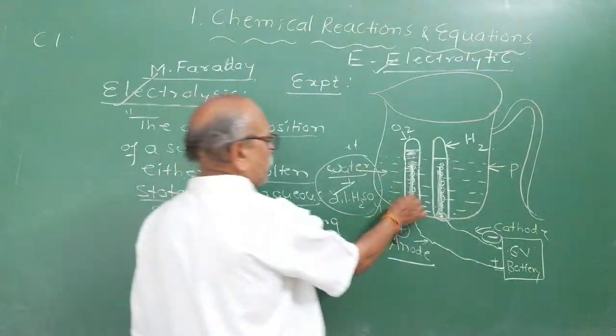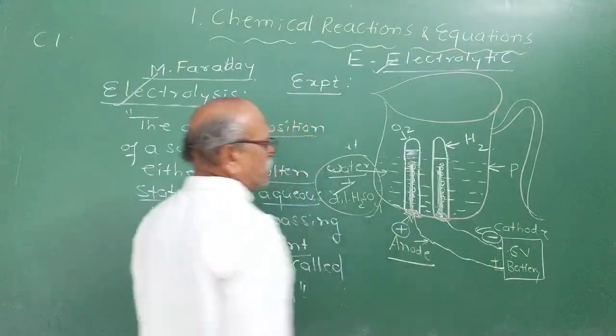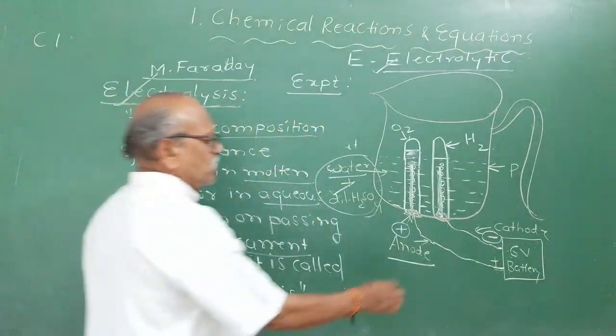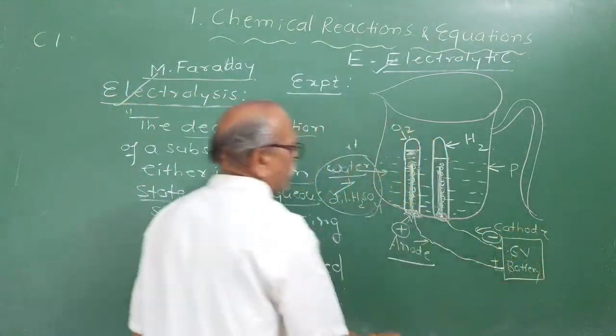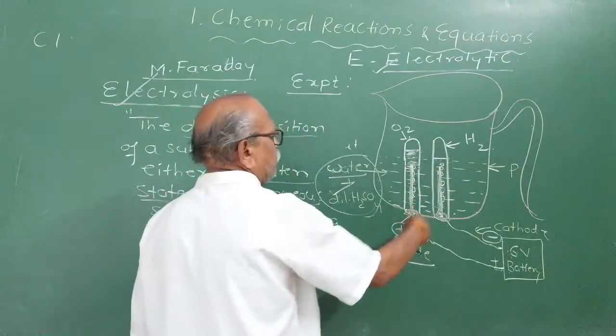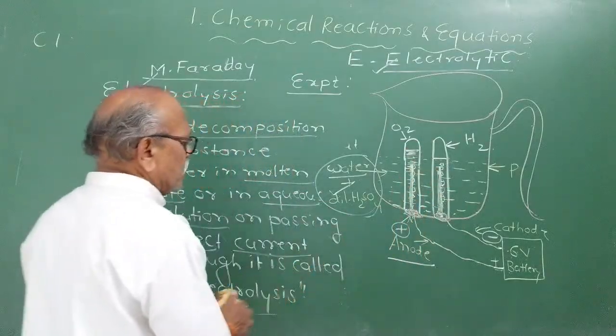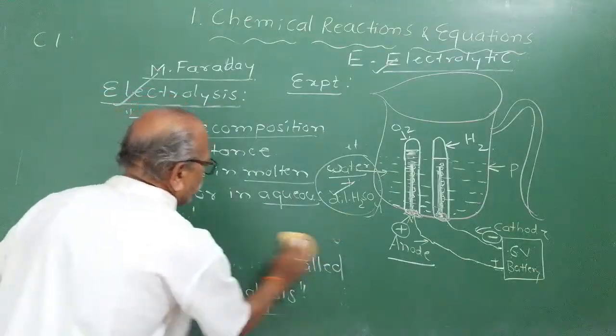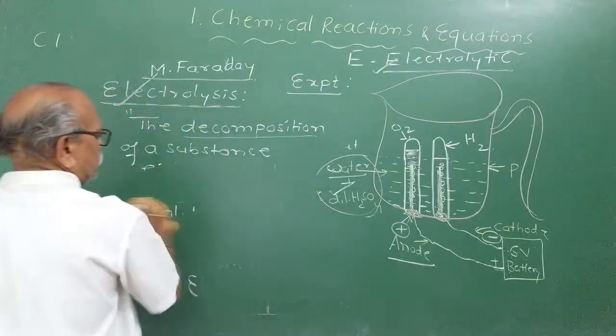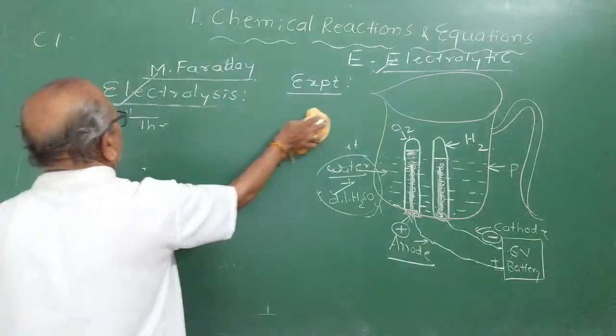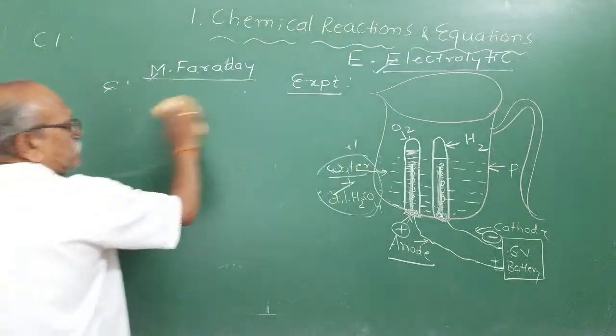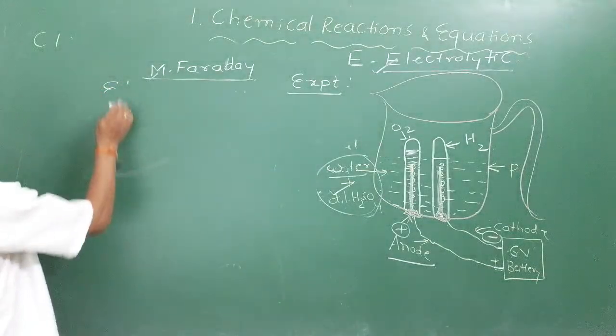The left electrode is called the anode, the right electrode is called the cathode. Now, if you switch on the battery, the current is passed through it. Then the reaction takes place, meaning the water starts decomposition. Clear to you? The water starts decomposing, right? And it will decompose.